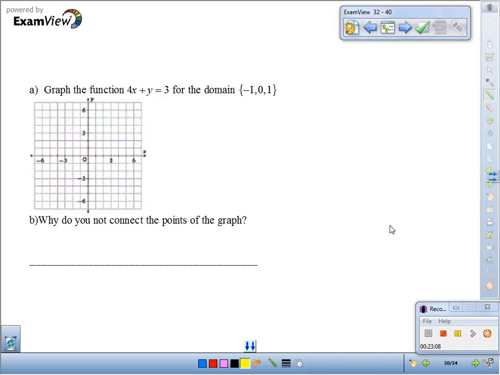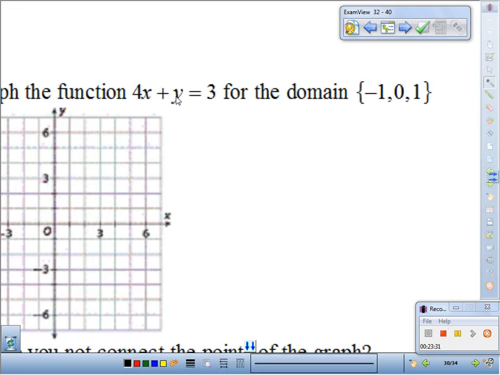Let's go to 32. Here we go. It says, graph the function 4x plus y equals 3 for the domain negative 1, 0, 1. Okay? So this is what I'm going to do with this one. To me, it's easier if we first change this to y form. So let me zoom in. Look up, please. So to change this to y form, line down the equal sign.